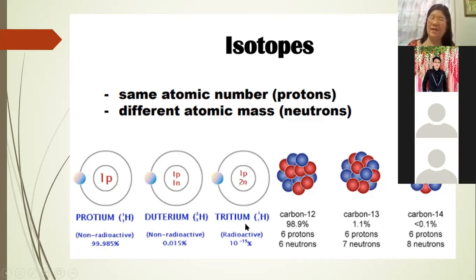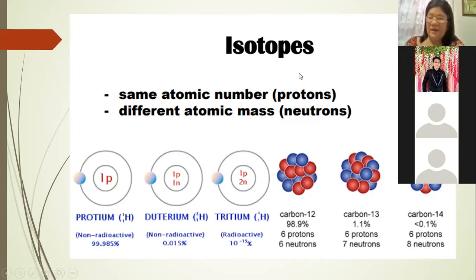And the last isotope of hydrogen is tritium. That is atomic number 1 and atomic mass 3. Therefore, the number of neutrons is 3 minus 1, which is 2. So in tritium, it has 1 proton and 2 neutrons.